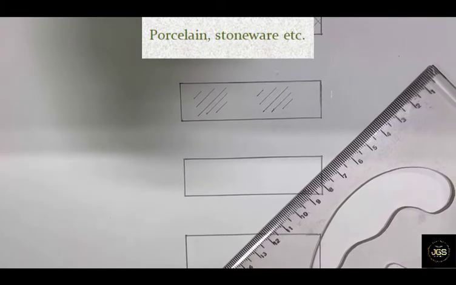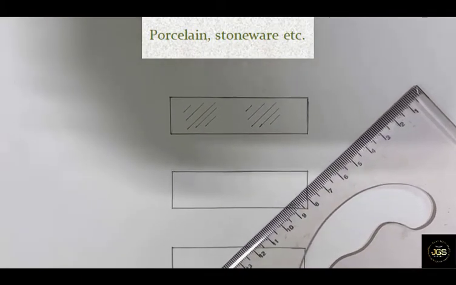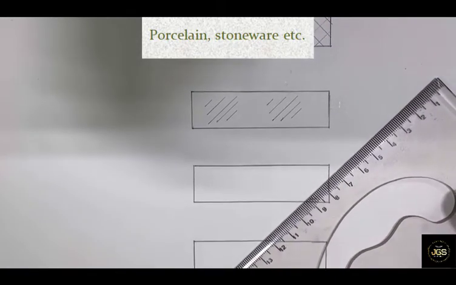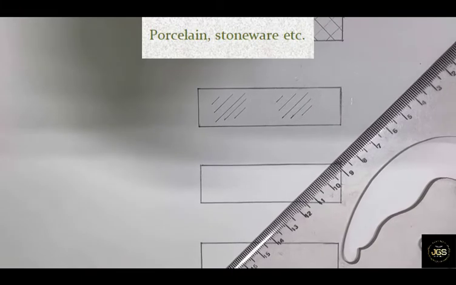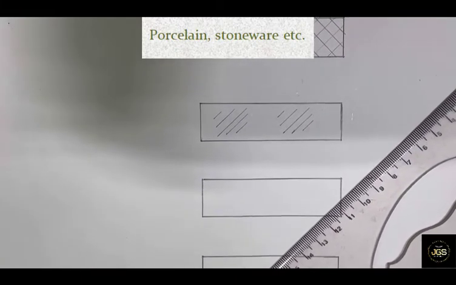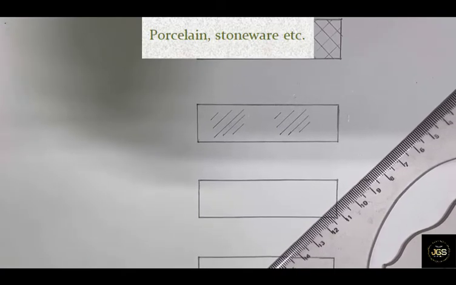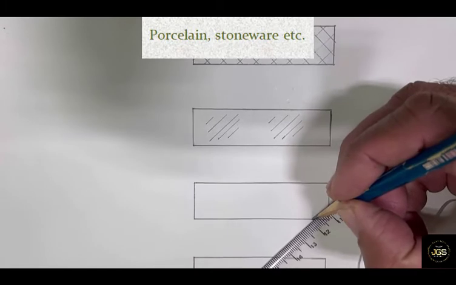Next is the material for porcelain, stoneware, etc. Here you again draw the outer line of the rectangular box. Then you have to draw the lines. These are dotted lines, parallel and equally spaced. They should touch the boundary.